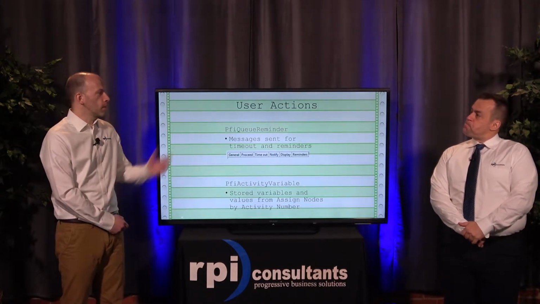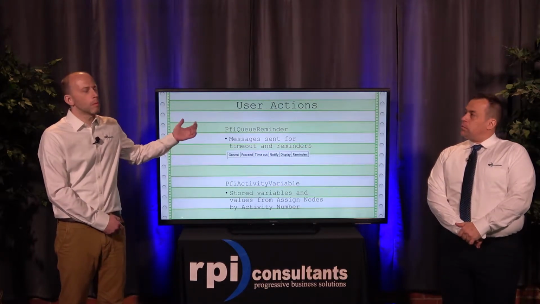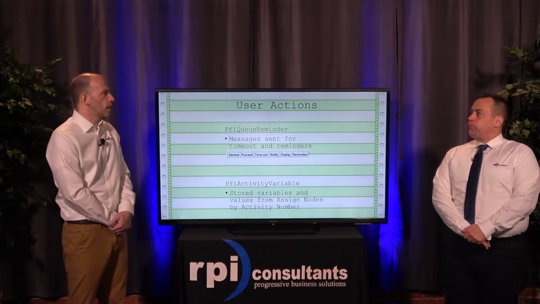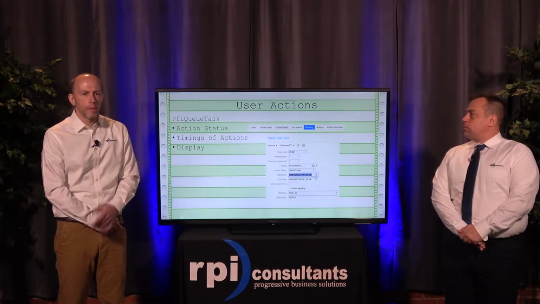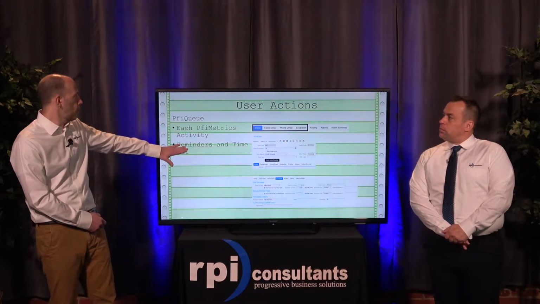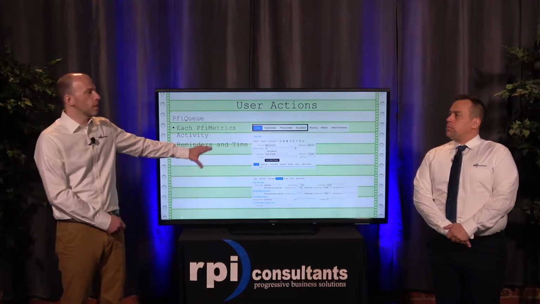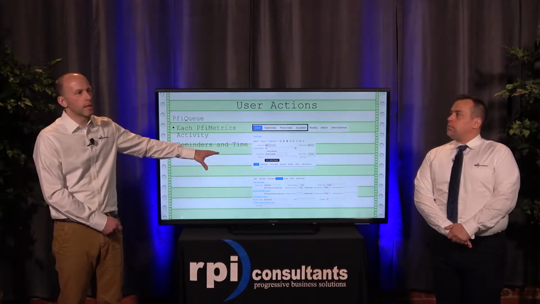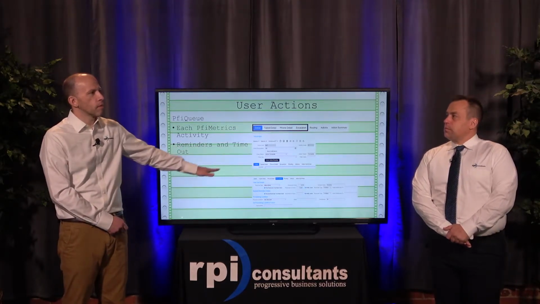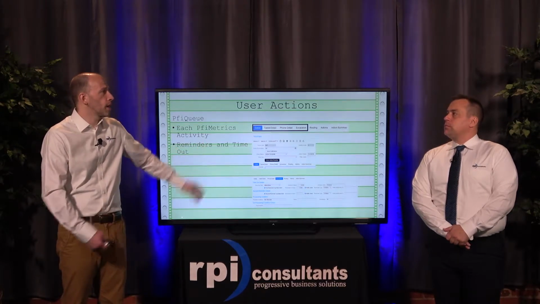So we've looked at all this data, and the question comes up, well, what's that going to tell me? What can I do with that data? So the Pfi queue reminder, for example, and even if we go back to some of these other screens here, looking at all of the metrics and the reminders and the time and all of that stuff, you can actually query all this data and pull it in and say, okay, how often is my first reminder being sent? How often is my second reminder being sent for a requisition approval flow or for any approval flow?